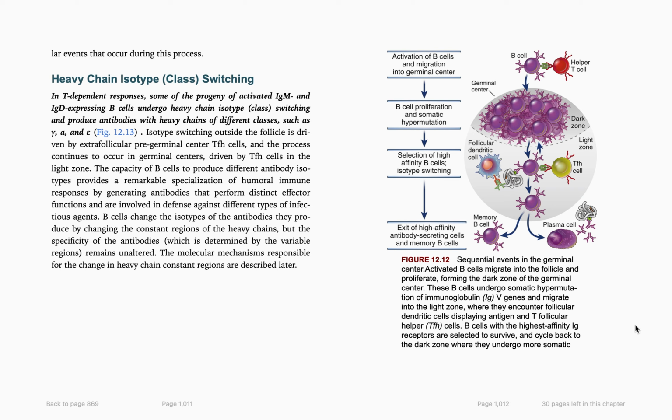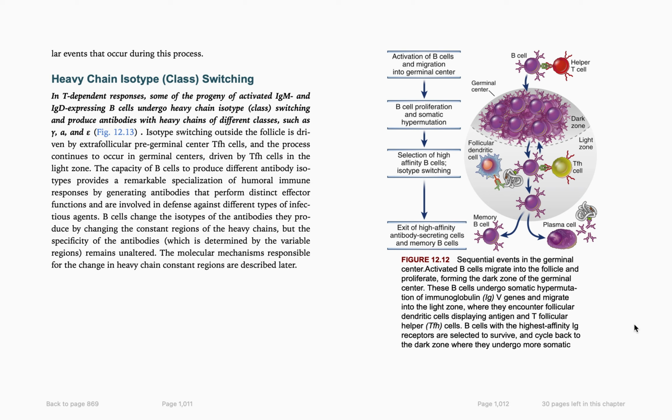Heavy chain isotype class switching. In T-dependent response, some of the progeny of activated IgM and IgD expressing B cells undergo heavy chain isotype class switching and produce antibodies with heavy chains of different classes such as IgG, IgA, and IgE. Isotype switching outside the follicle is driven by extrafollicular pre-germinal center T follicular cells, and the process continues to occur in the germinal center driven by T follicular cells in the light zone.